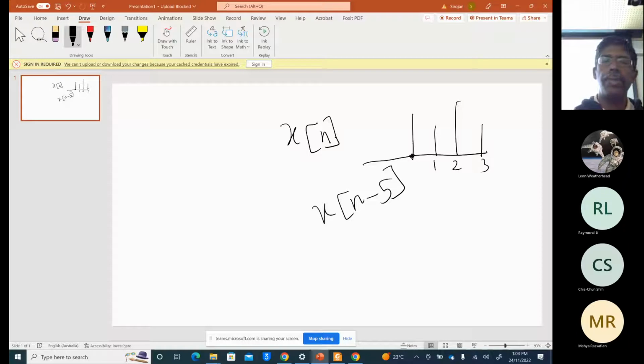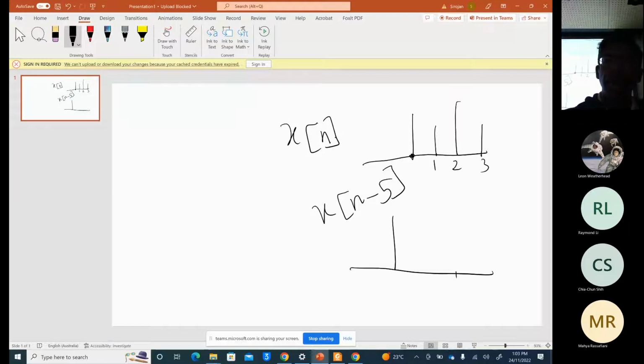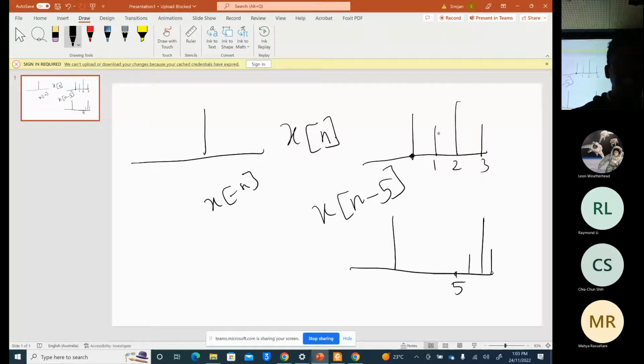What you have to do is make this one and this one the same pattern. So n equal to 0 here corresponds to n equal to 5. So at 5 it is 0, then this one. Likewise, if x[minus n], then because minus 1 becomes plus 1, it is actually a flipped signal.